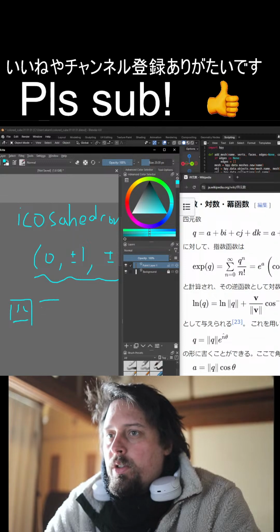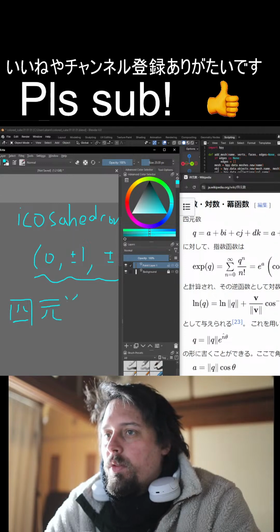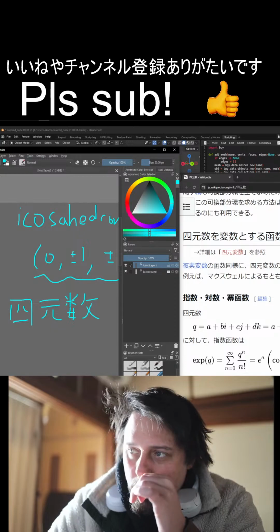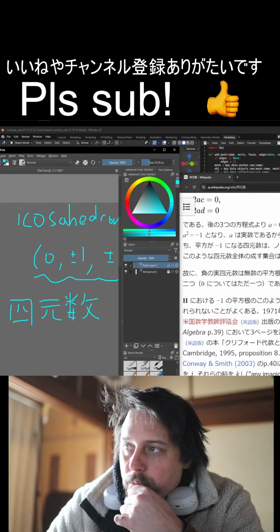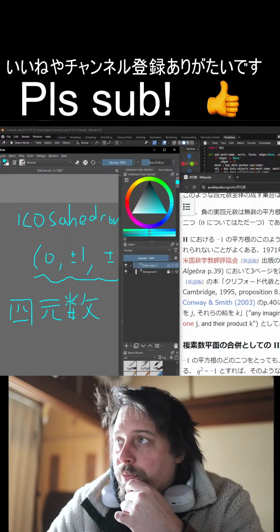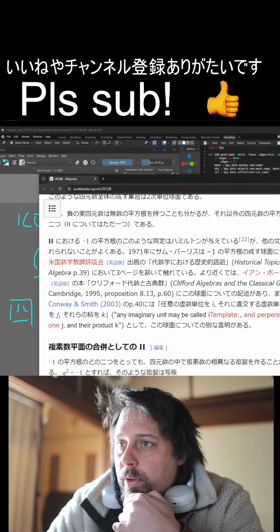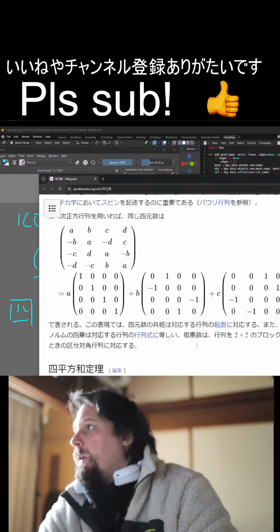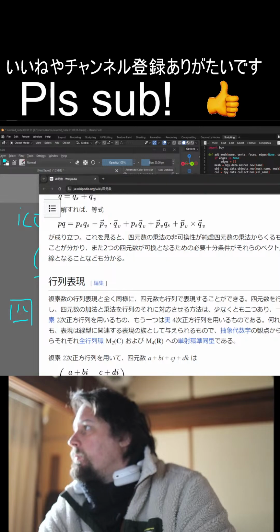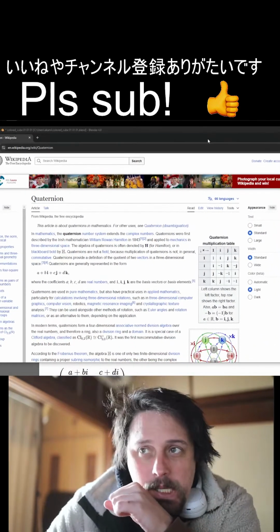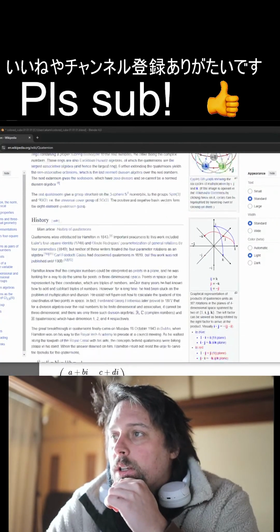We got Clifford algebras. Talked about that yesterday a bit. Let me go to the English Wikipedia page because I can read it faster.